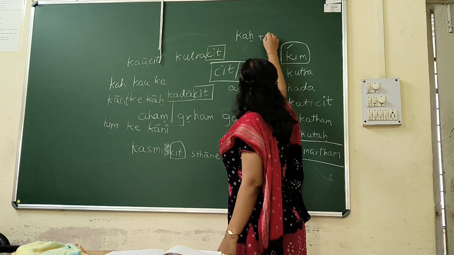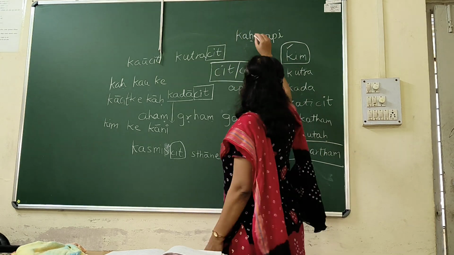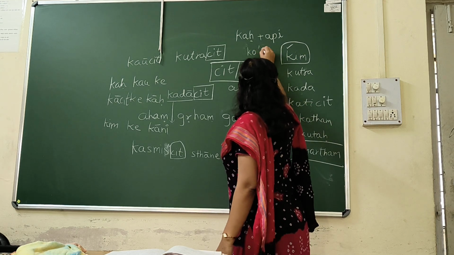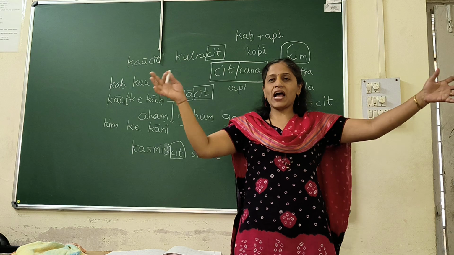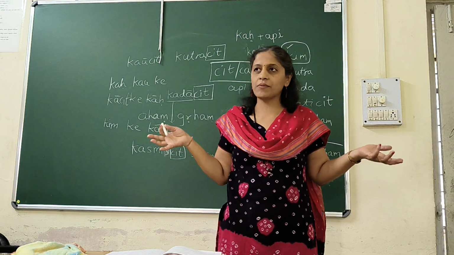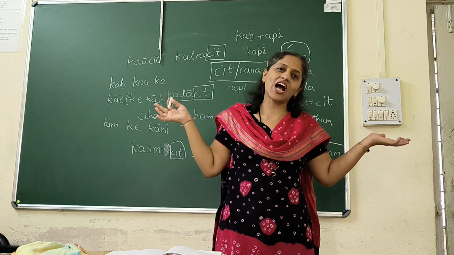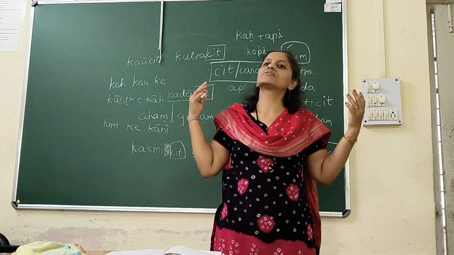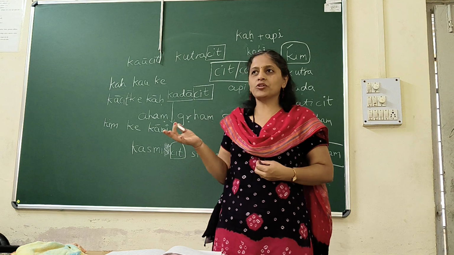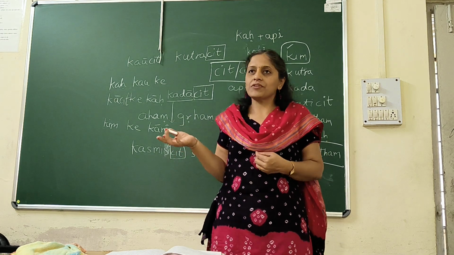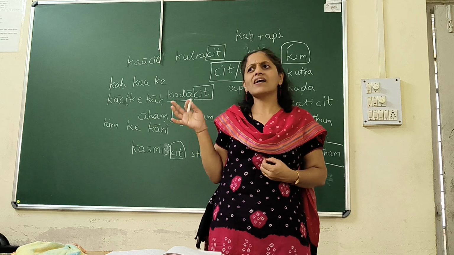Kaha plus api. We have learned the rules of sandhi, if you remember. Kopi. Kopi Raja Asit. We don't know the name of the king. Then what do we say? Kopi Raja Asit. There was some king who lived in the 15th century. I don't know his name. Indefinite, so I'll say kopi. Why kaha?